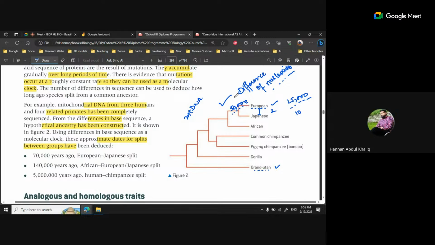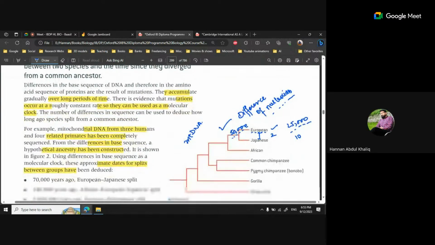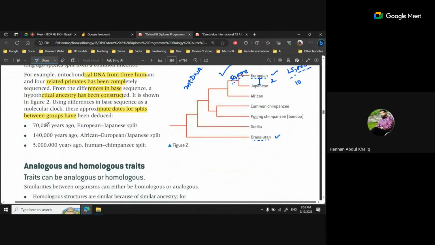This is the meaning of drawing the clade according to the mitochondrial DNA or genomics. According to it, 70,000 years ago, European and Japanese split. We were almost close, which means there may be almost three mutations, because 25 into 3 would be 75,000.